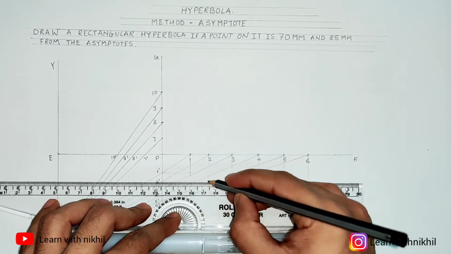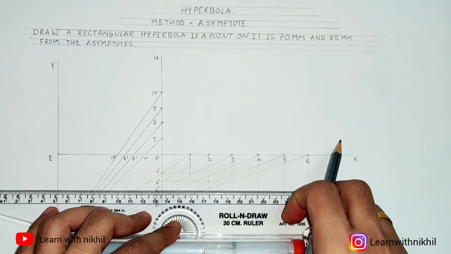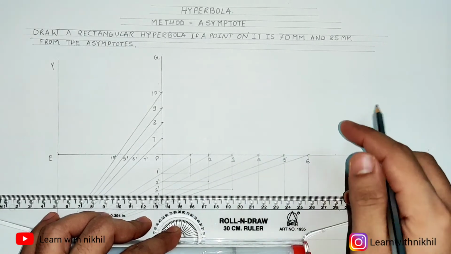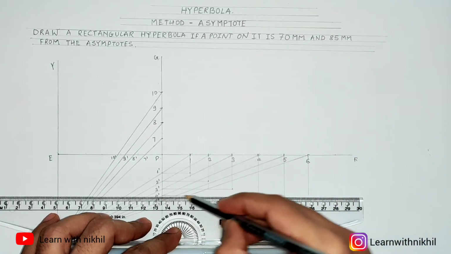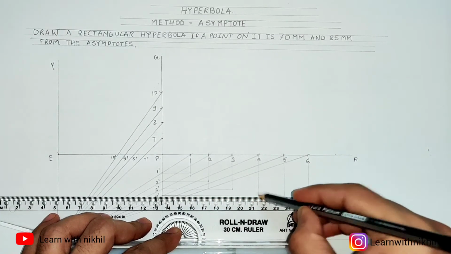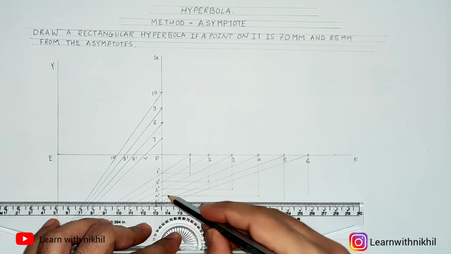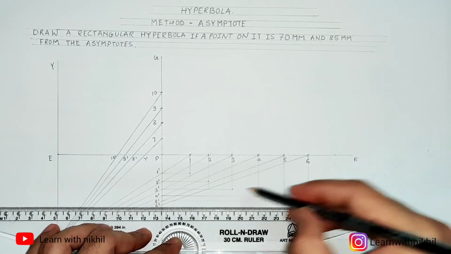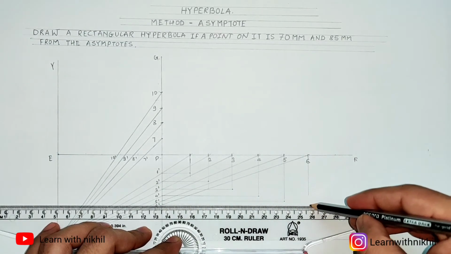From 2 dash, the horizontal line extends till 2, 3 dash to 3, 4 dash to 4, 5 dash to 5, marking the points, and 6 dash to 6.